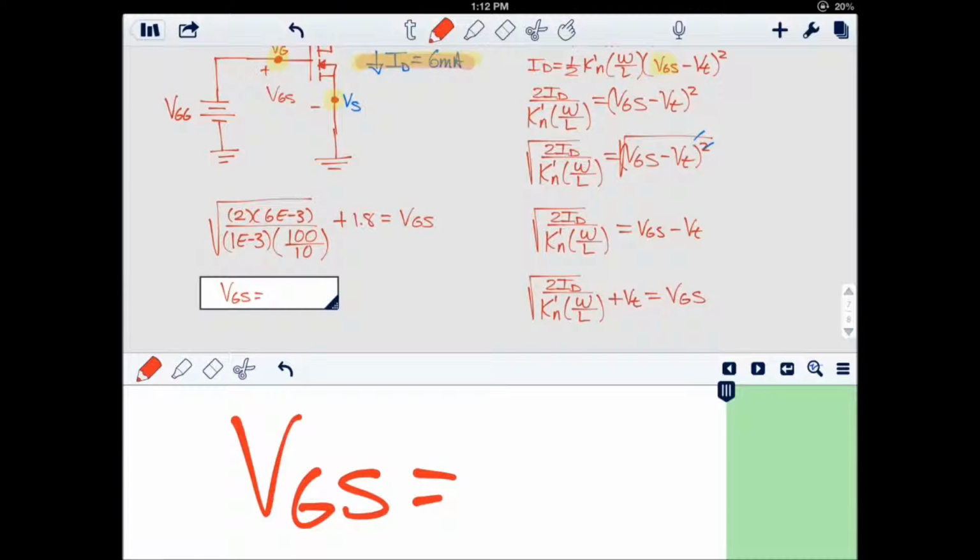And now it's all about using our calculator. If I'm not incorrect, this is going to be the square root of 2 times 6 minus 3 over 1 times 100 over 10, plus 1.